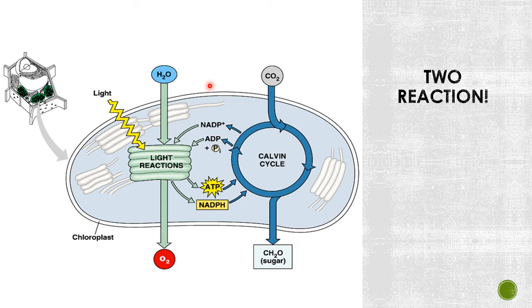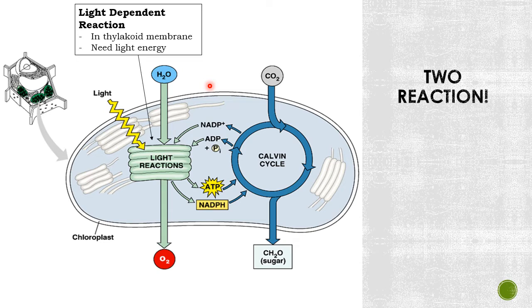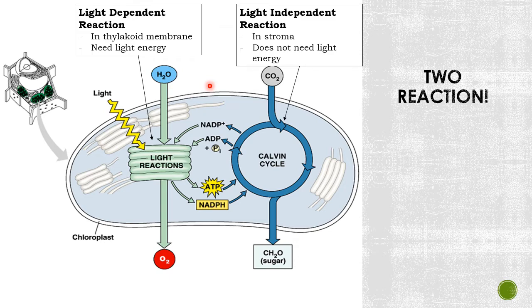Photosynthesis occurs in the chloroplast. There are two reactions in photosynthesis, which are the light-dependent reaction and the light-independent reaction. Light-dependent reaction, based on the name, needs light energy, and this reaction occurs in the thylakoid membrane.